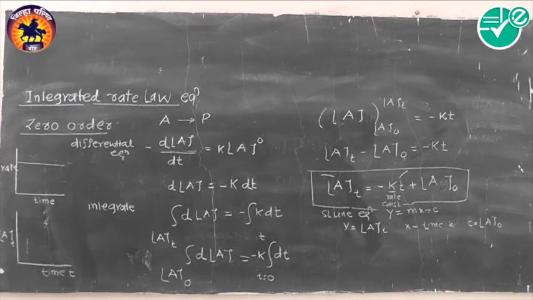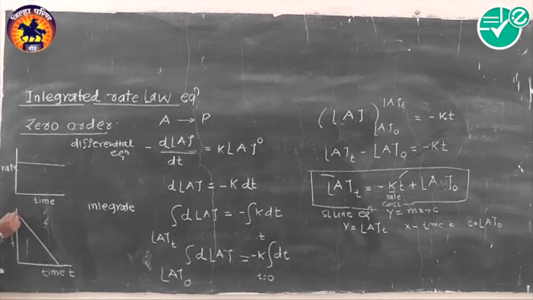And if you plot a graph of it, it will be y equal to mx plus c, a straight line intersecting the y axis. Therefore the graph will be like this, it will be intersecting the line here, and this intercept will give the value of initial concentration of the zero order reaction.